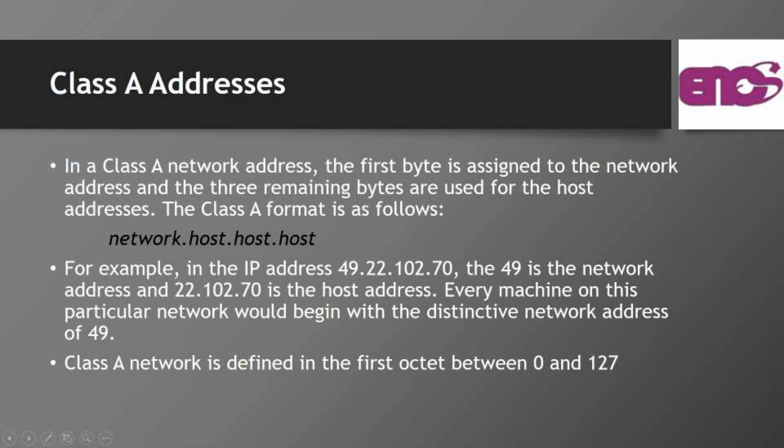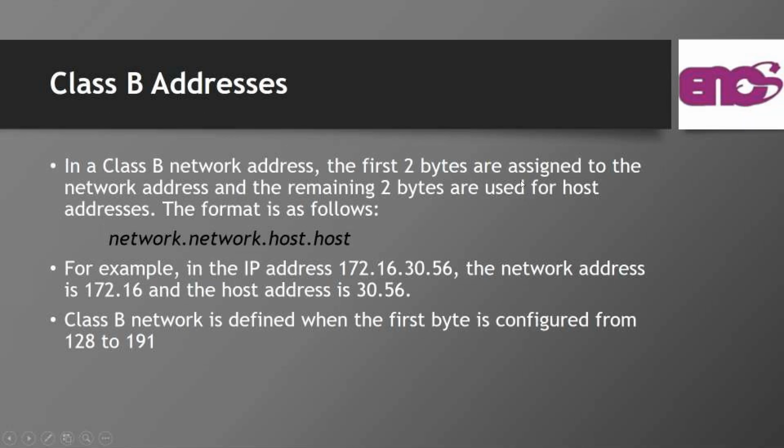Any IP address that falls within this range, like maybe 4.2.2.2 or 10.30.20.50, is a class A. Whatever falls within this range in the first octet is a class A network address. Also for class B, the first octet, any number that falls between 128 and 191, is a class B address. So if you say 172, 172 is between 128 and 191, then it is a class B address.